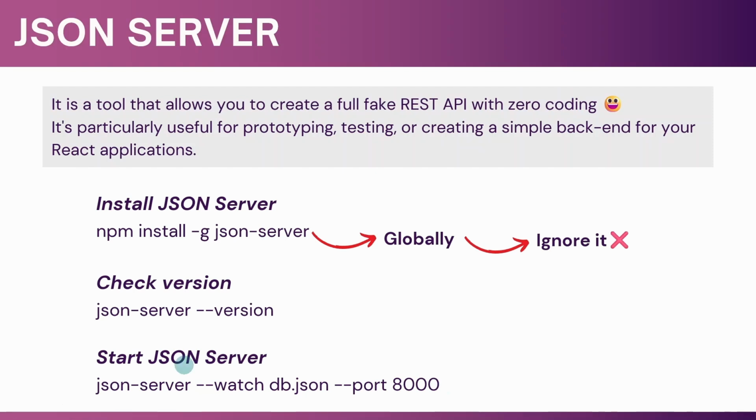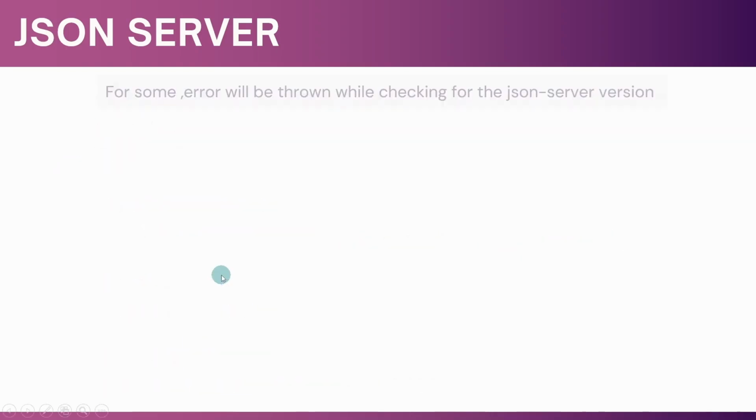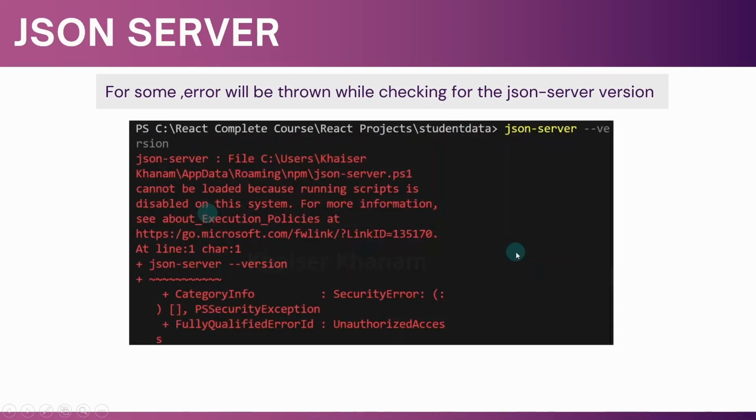For some, by following the steps, JSON server will be installed successfully. But for some people, error will be thrown while checking JSON server version. And error will be looking something like this. So here I will be having json-server cannot be loaded because running scripts is disabled on this system.